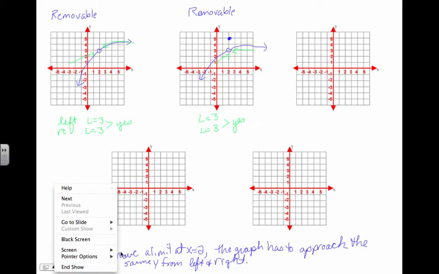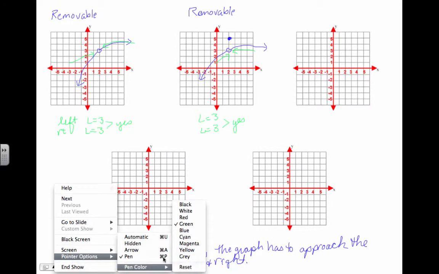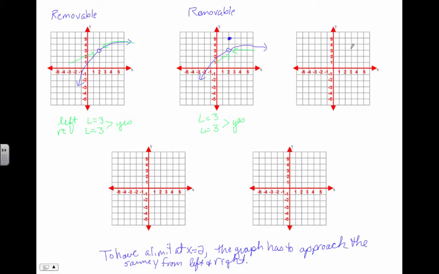And then we have what's called a step discontinuity. So that's when the graph does this.